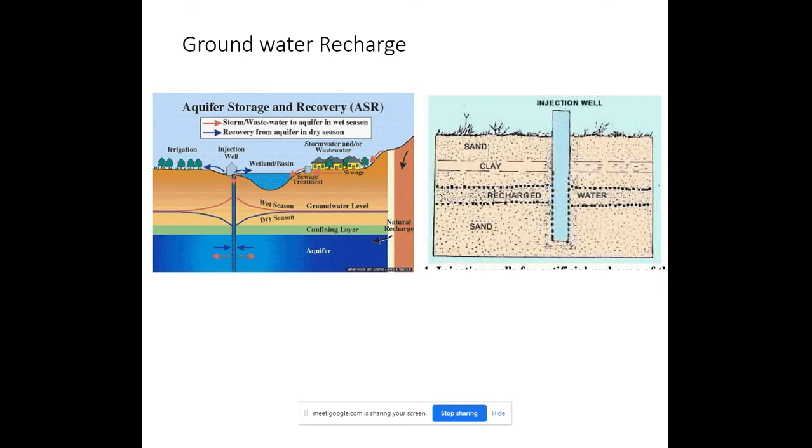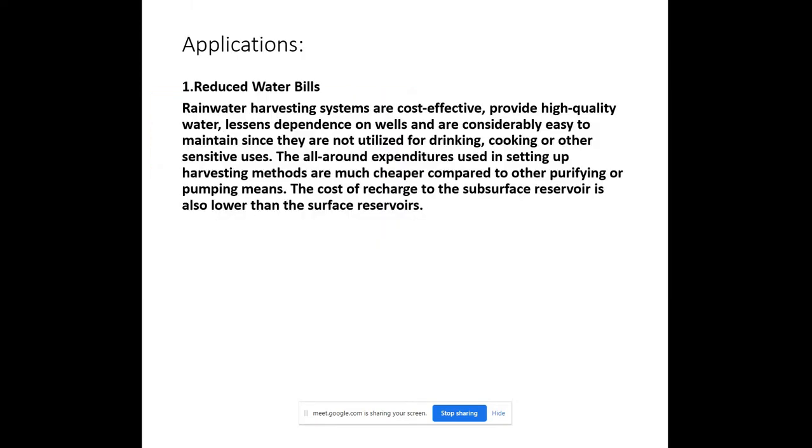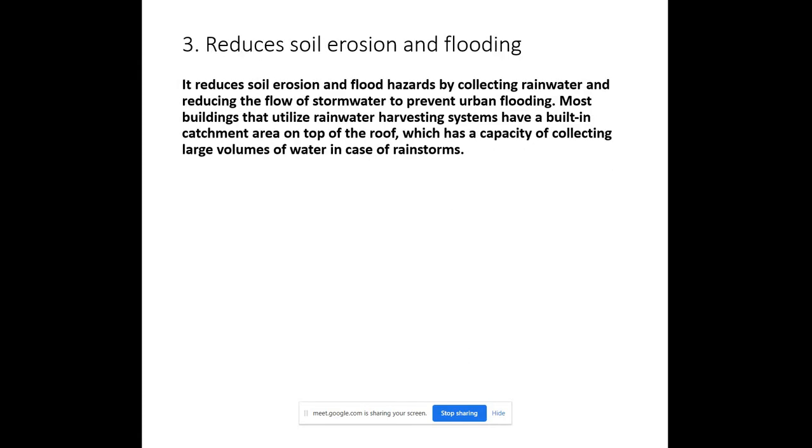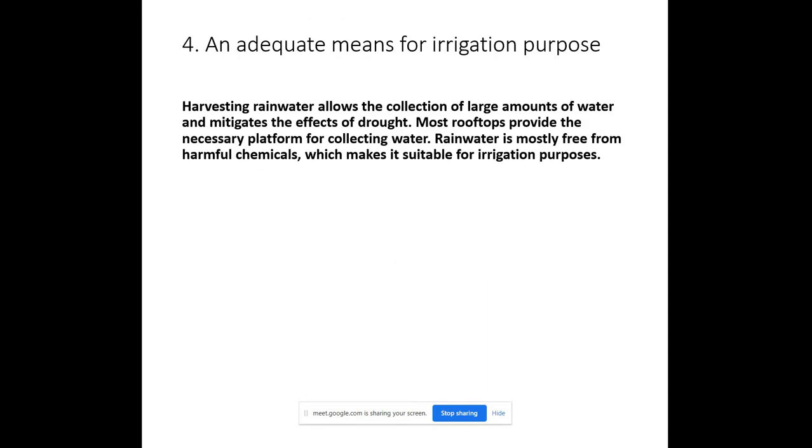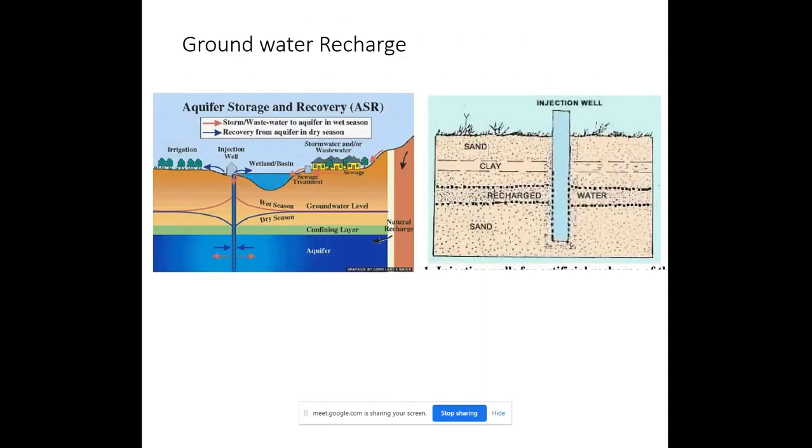Rainwater harvesting systems are cost effective, provide high quality water, reduce dependence on wells and are considerably easy to maintain since they are not utilized for drinking, cooking or other sensitive uses. The all-around expenditures used in setting up the harvesting method are much cheaper compared to other purifying or pumping.